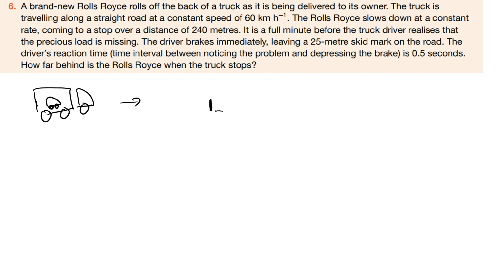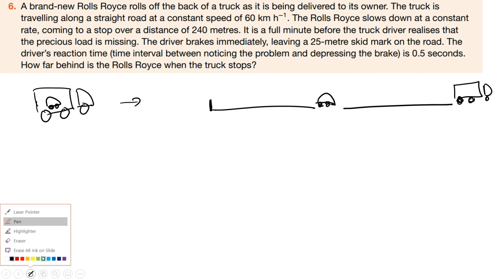We have some distance here, which is how far the car rolled, and then we have some distance here, which is how far the truck goes. What we want to know is what this distance here is.